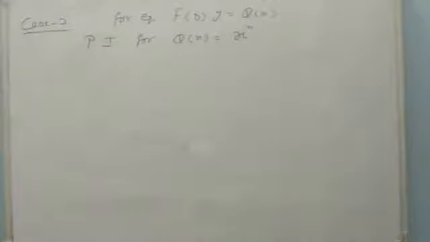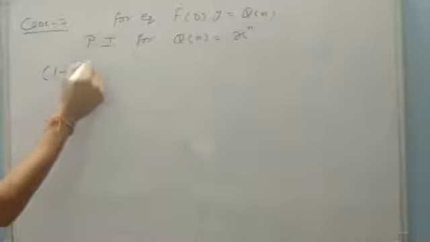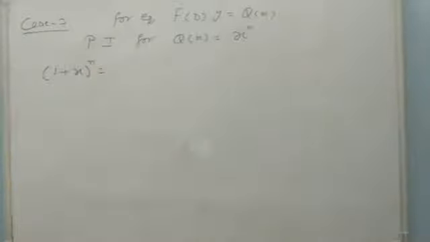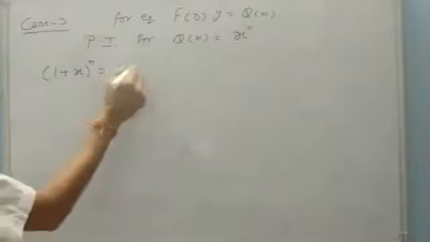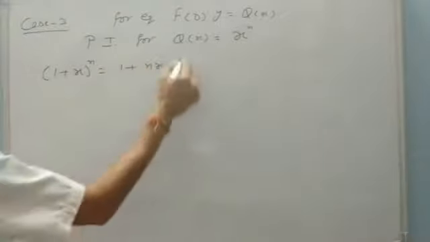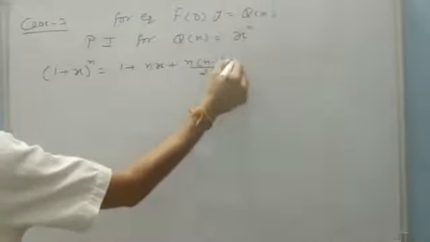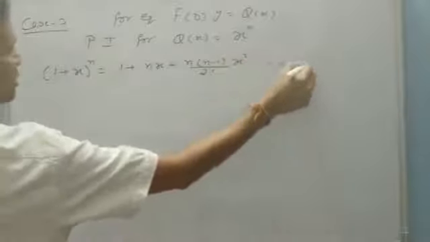Now case number 3, for the equation f(D)y equals Q(x), when Q(x) equals x to the power n, we have to remember 3 formulas which are very important for this. First of all is 1 upon (1 plus x) to the power n. By the binomial expansion, you know that it will be 1 plus nx plus n(n minus 1) upon 2 factorial x square and so on.